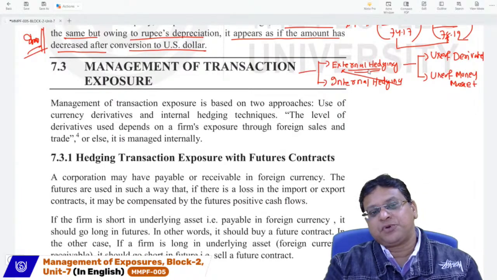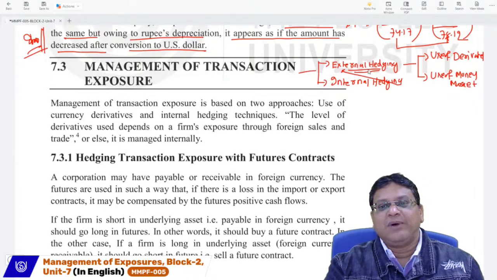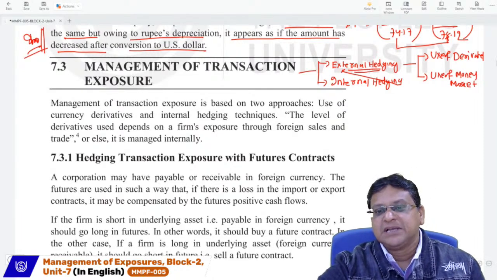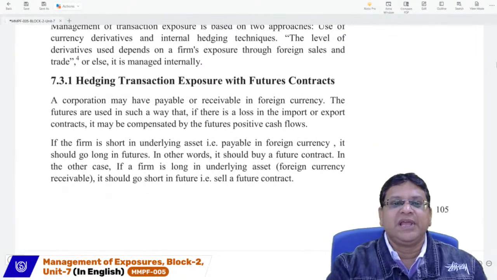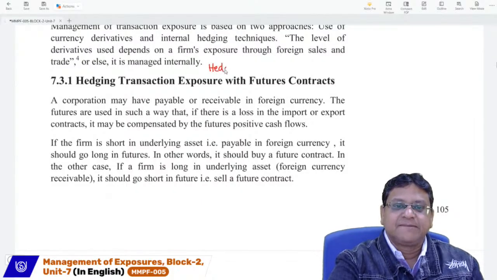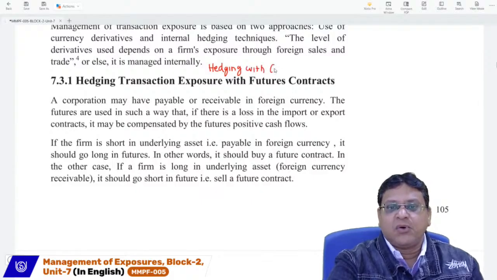So normally there are two approaches of currency hedging. One is external hedging, another is internal hedging. First we will discuss how to hedge currency with the help of derivatives. So we will discuss hedging with currency derivatives.